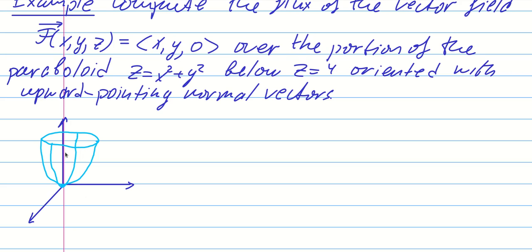So in each direction we have a parabola and we limit ourselves at z equals 4. So we put the top on it at z equals 4.